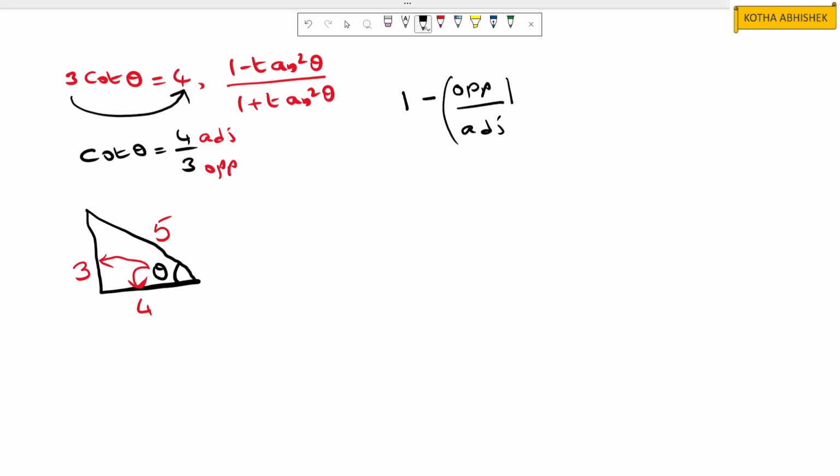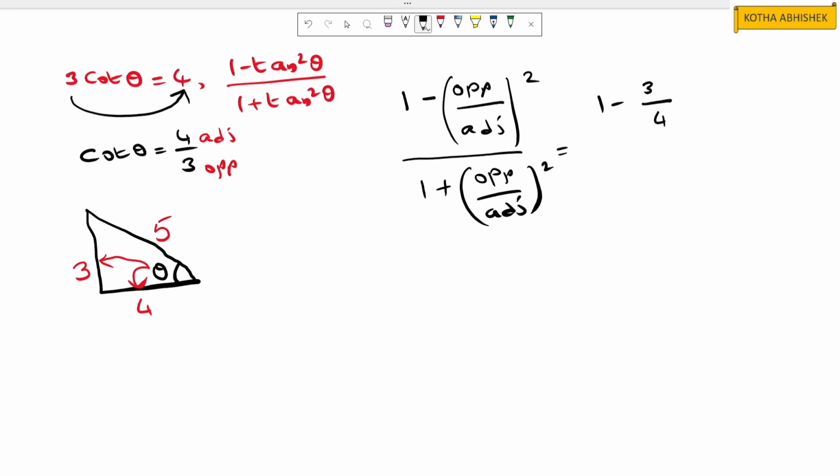Square is there, so for this entirely square, divided by 1 plus, again tan square theta is there, so tan theta formula is opposite to the theta divided by adjacent to the theta, whole square, which is equal to 1 minus, what is the opposite? That is 3 divided by adjacent 4, (3 by 4) whole square, divided by 1 plus, here in the denominator also we have the same opposite by adjacent, so same I am writing (3 by 4) whole square.